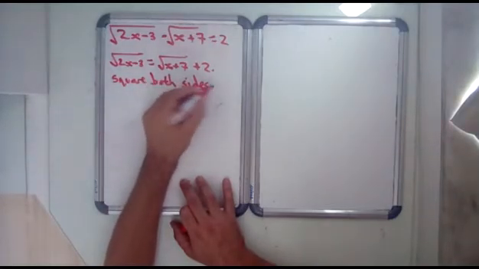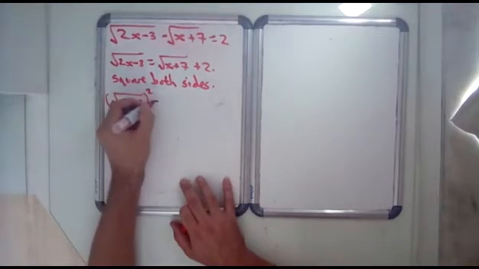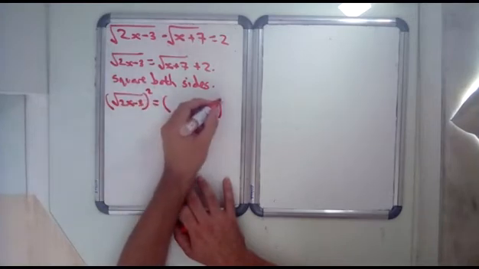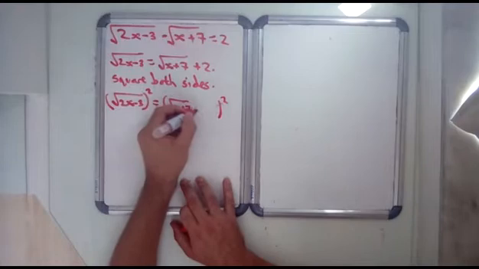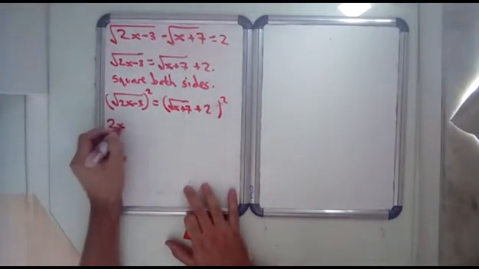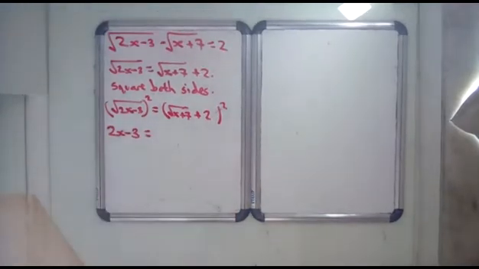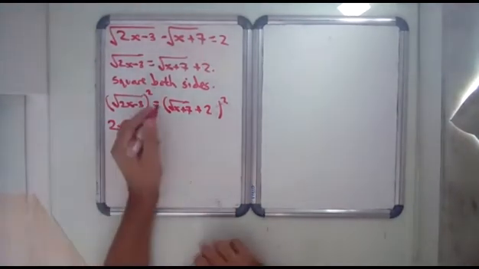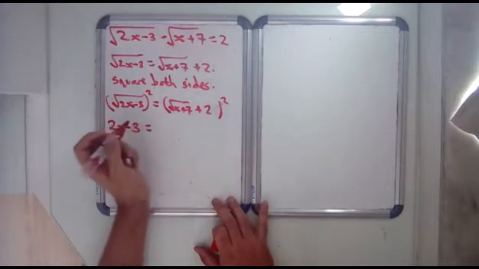Square both sides. So the square root 2x minus 3 squared equals, all of this squared, the square root x plus 7 plus 2, squared. So this is easy, that's just 2x minus 3. The other bit is not easy, but it's another perfect square. You've got to remember (a plus b) squared is a squared plus 2ab plus b squared.